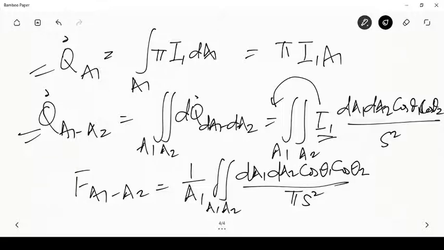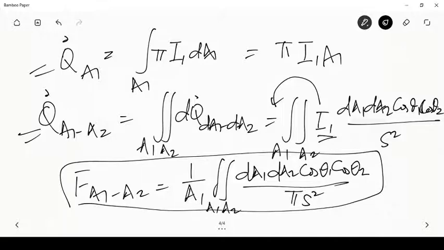Okay, so now this is the fraction of the energy emitted by gray diffuse surface area A1 that actually arrives on surface area A2.